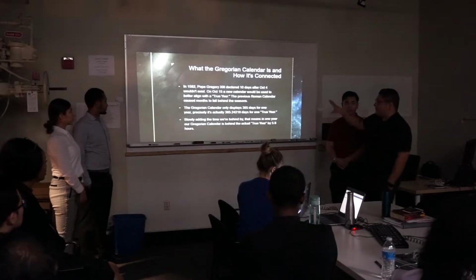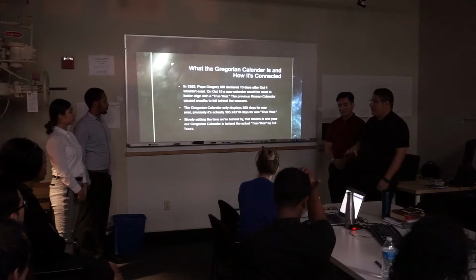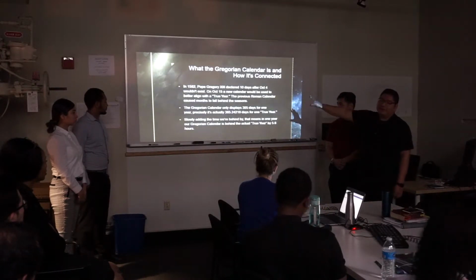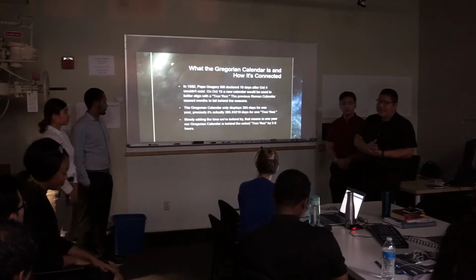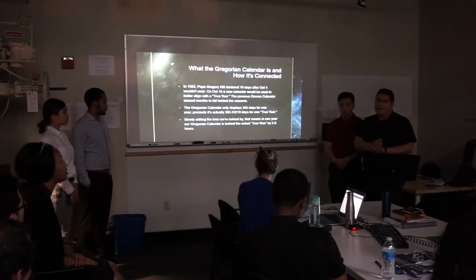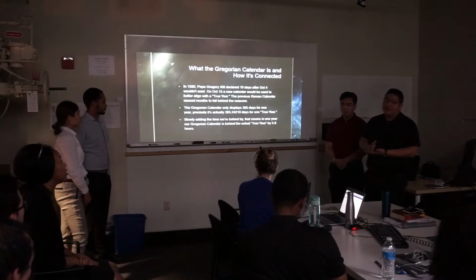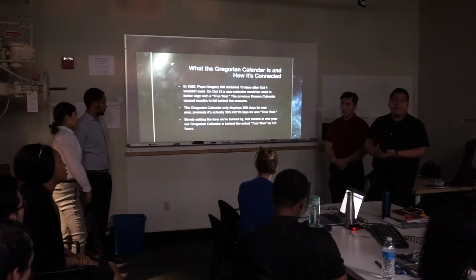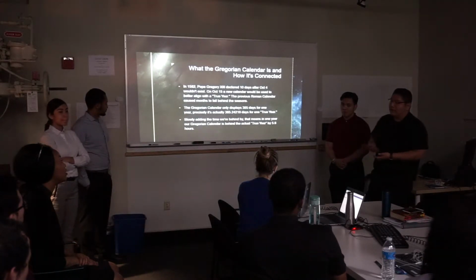Now I'm going to introduce the Gregorian calendar and how it's connected to how the Earth revolves around the Sun. In 1582, Pope Gregory VIII declared that the 10 days from October 4th to October 15th simply wouldn't exist. Starting on October 15th, the Gregorian calendar began being used.